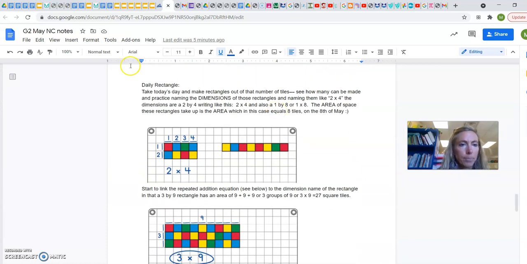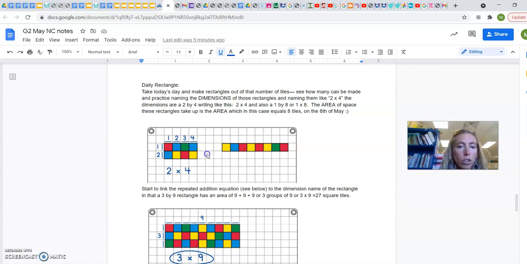Daily Rectangle. This one has you using your magnetic tiles, your magnetic wall, and putting up the number of the day. So if it's the 3rd of May, you're going to have 3 tiles up there and arranging them into as many rectangles as you can.